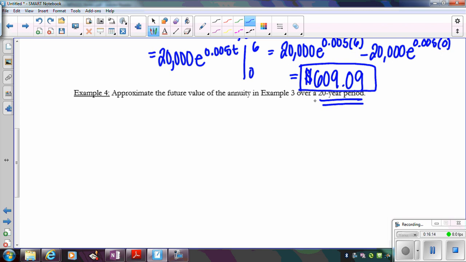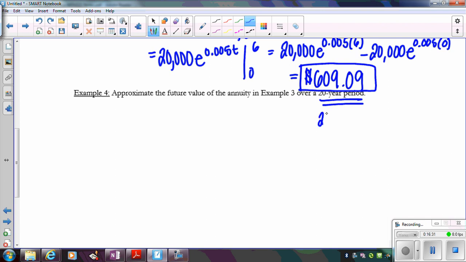So in this case, we're looking at a 20-year period. But notice it says 20 years, not 20 months. So that's the first thing that sticks out to me that we need to take care of. Because remember what I said, all the units need to be the same. So since our monthly deposit's $100, let's just convert this over to months instead.